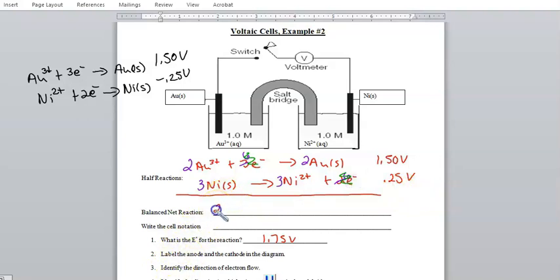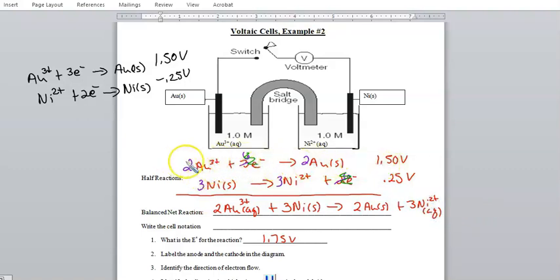So now we've got 3 gold 3 plus ions, aqueous, plus 2 nickel solids, going to yield us 2 gold solids, plus 3 nickel 2 plus ions, aqueous. There's my balanced equation.